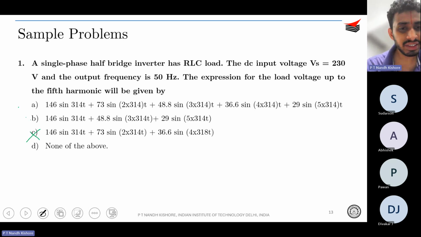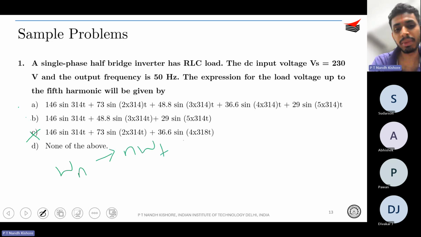So the next hack is, what happens in harmonics? Your frequency is going to be multiplied, right? Omega n is going to be n times your fundamental omega. The nth harmonic frequency is n times your fundamental frequency, in this case 50 hertz. The other one is your amplitude.